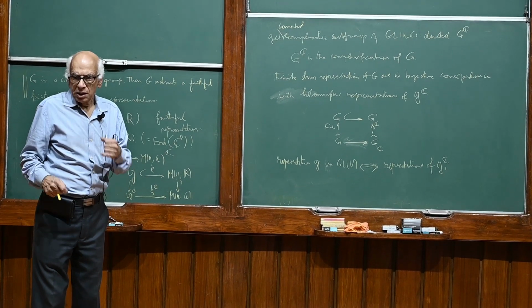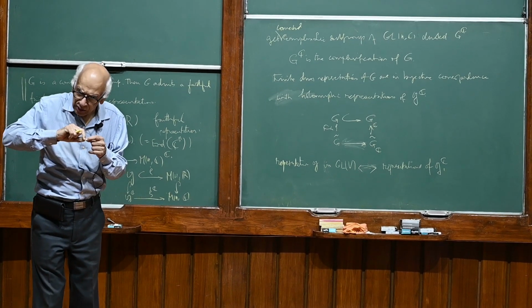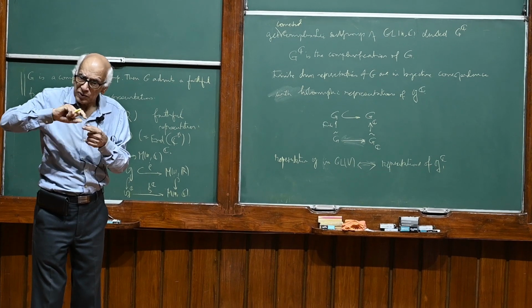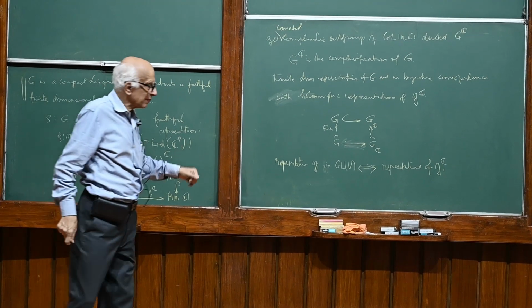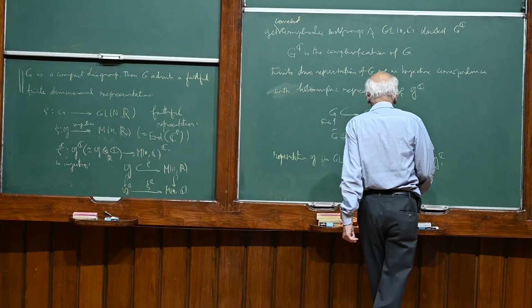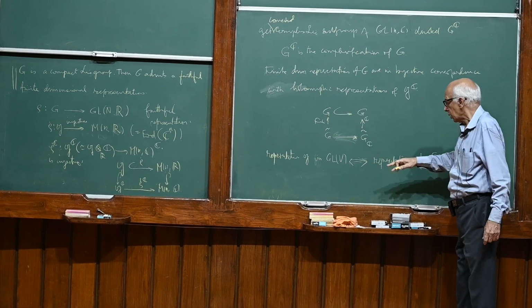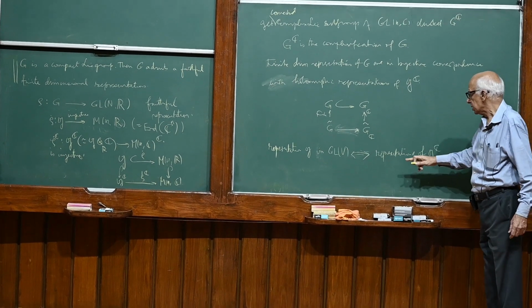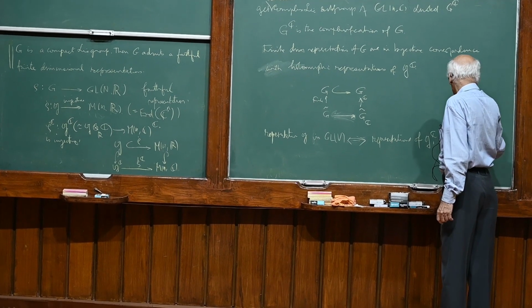One of them corresponds to the complex linear map, and the other to the complex antilinear, conjugate linear map. So you get a bijective correspondence between representations of G on GL(V) and representations of G_C on GL(V).